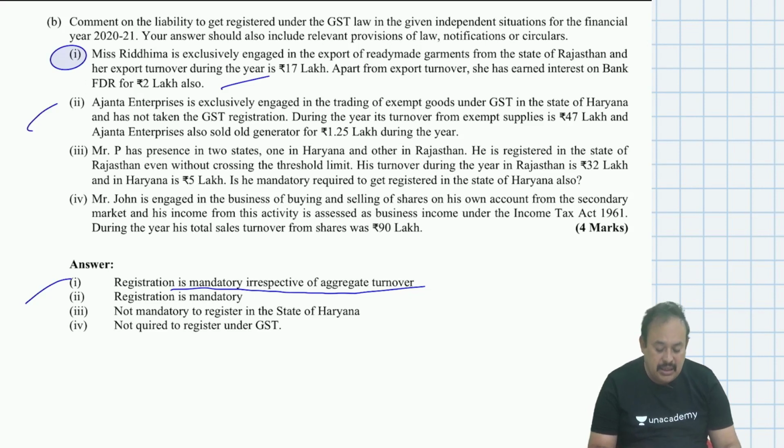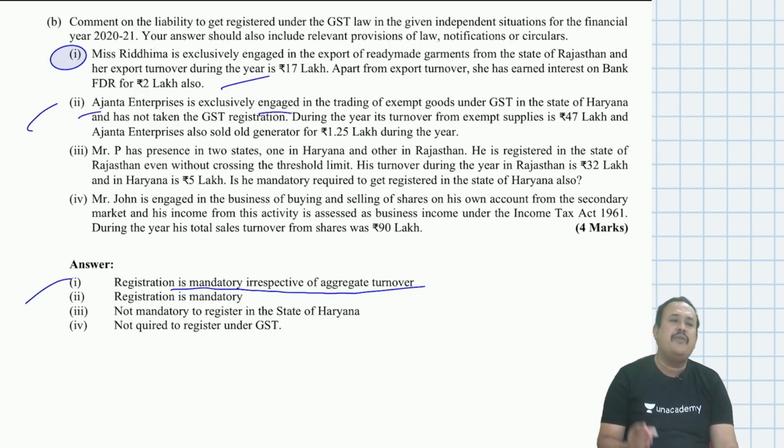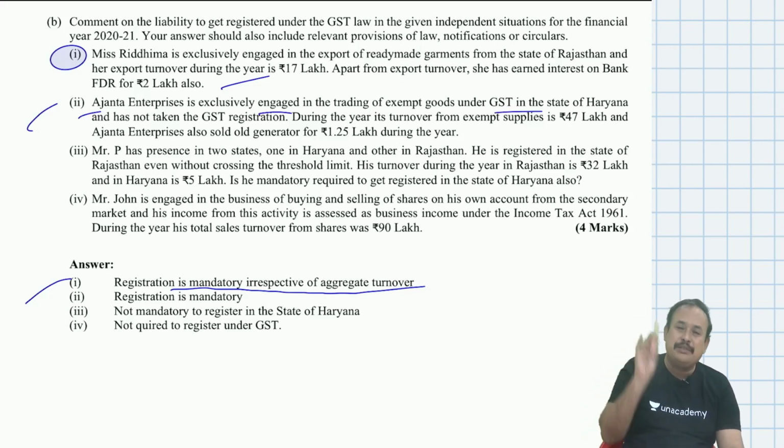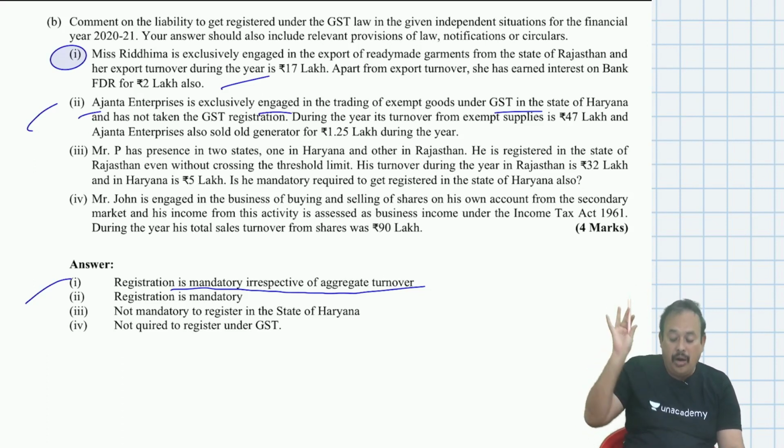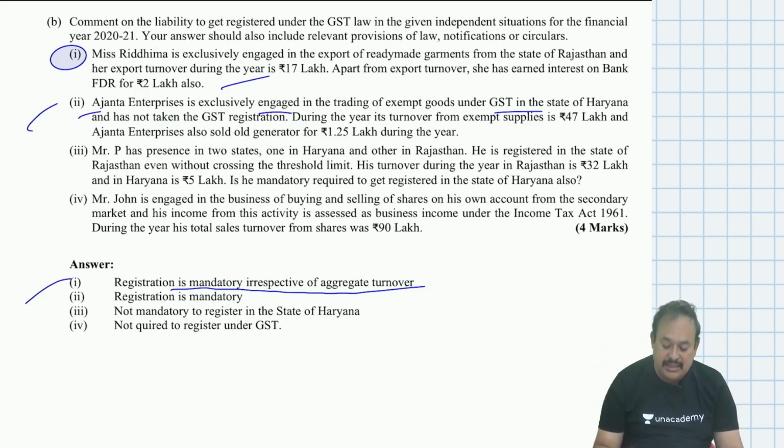Second case, Ajanta Enterprise is exclusively engaged in the trading of exempted goods under the GST. If exclusively exempt goods, no problem, irrespective of the turnover, not required for registration. However, they said here, during the year, its turnover from exempt supply is 47 lakh.